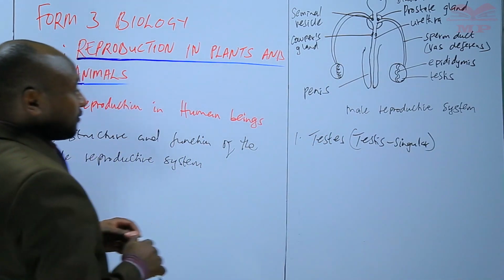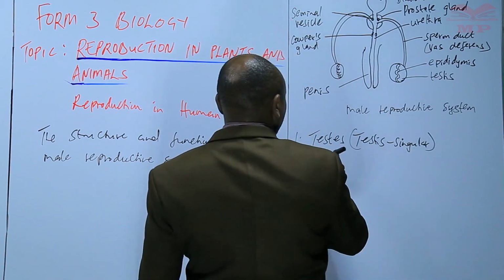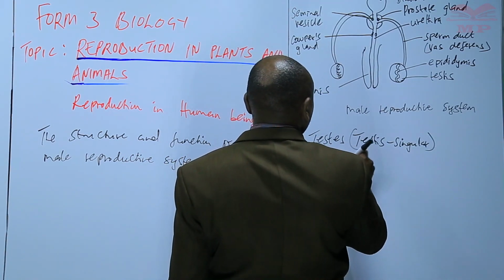So the testes have two main functions, and we are saying that they are oval shaped.